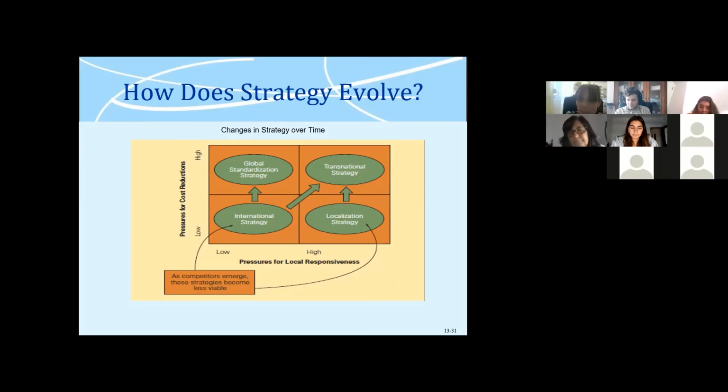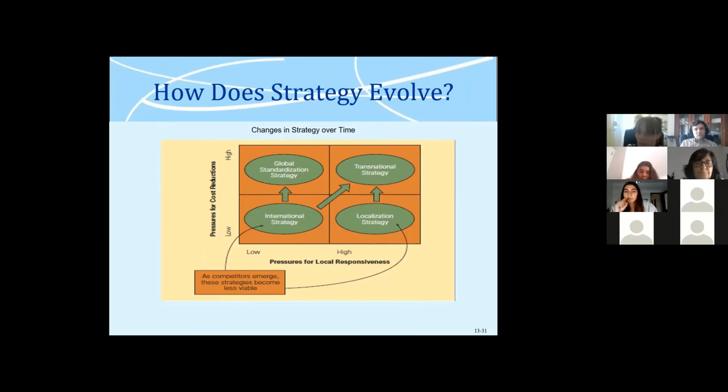This is, for example, the case of Procter & Gamble, which has been doing this. So, concluding, as competition intensifies, international and localization strategies tend to become less viable, and managers need to direct their companies toward either a global standardization strategy or a transnational strategy.